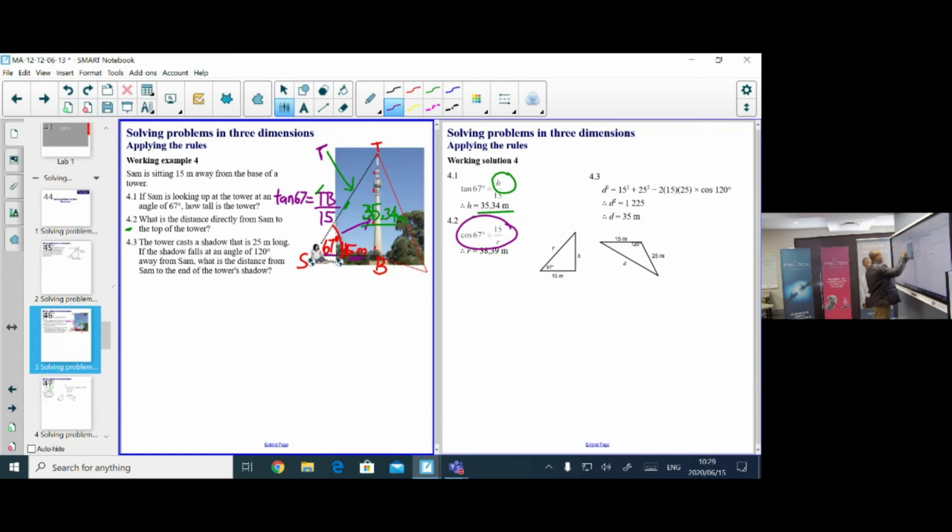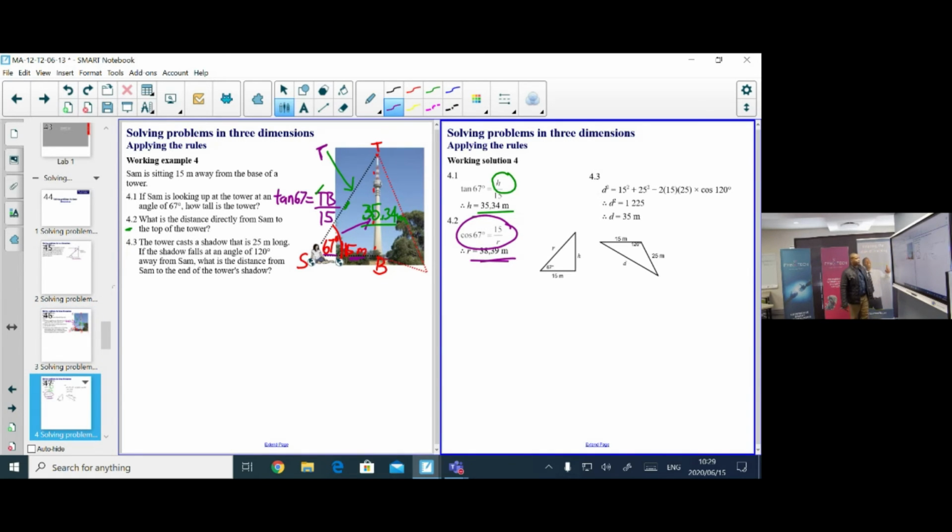So if this is r, our ST, we can use the cosine to find r. It's also shown in a diagram here that if you have your h, which we don't know, and your 15 and your 67, then you're looking for r, you can use the cosine function. So r eventually is 38.39. You might put that on the diagram in case you need it for the other question.